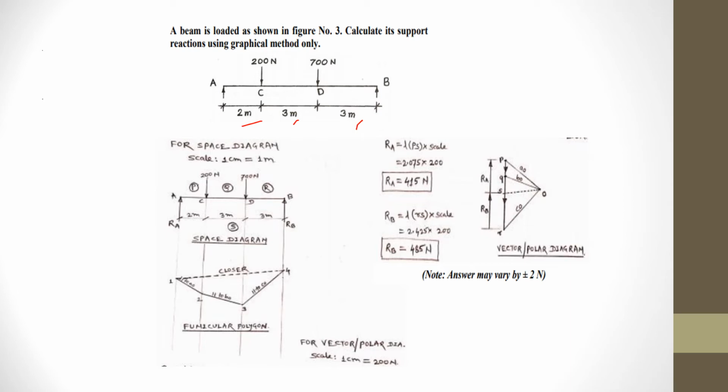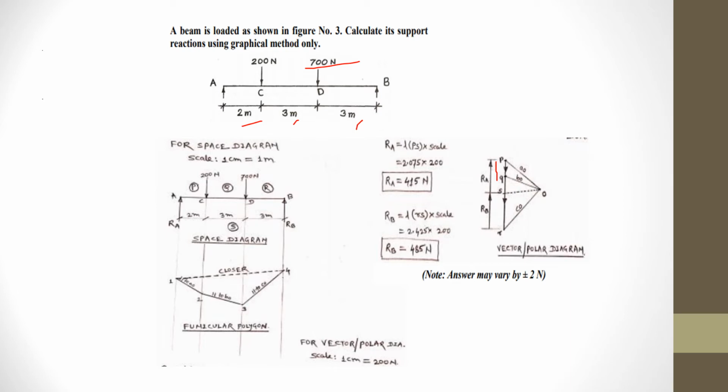So vector diagram we have drawn as P, Q, S and R. These points are taken as vertical. For vector diagram, take scale as 1 centimeter is equal to 200 Newton as there is maximum 700 Newton force. So between P and Q there is 200 Newton. So draw PQ as 200 Newton, that is 1 centimeter.